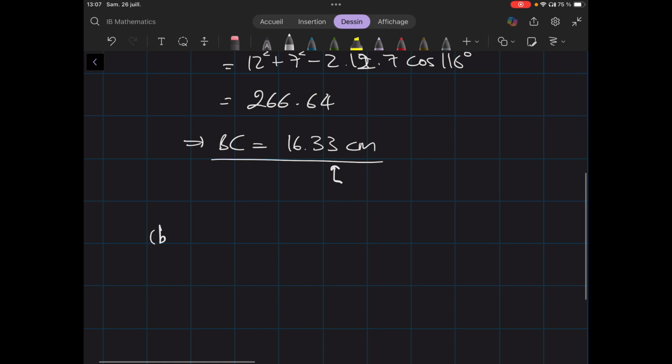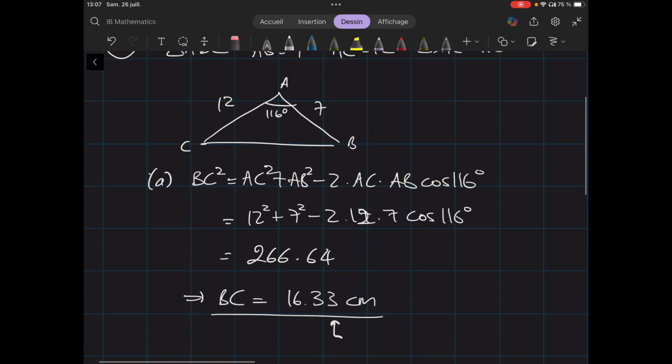Part B. We now would like to find the angle ACB. There are several ways for us to do this, but the easiest way is to use the sine rule. For that, we're going to look at the side opposite the angle that we're interested in.